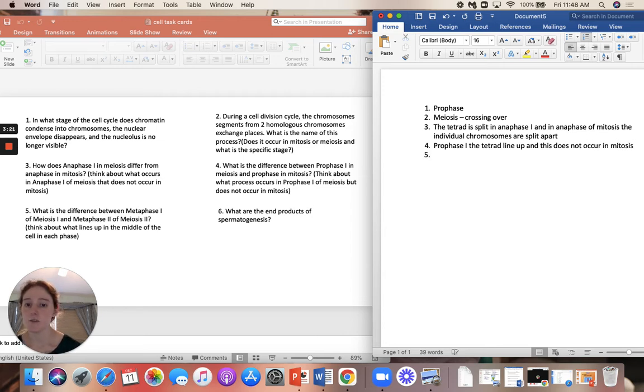What is the difference between metaphase 1 of meiosis and metaphase 2 of meiosis? Think about what lines up in the middle of each. So metaphase 1, the tetrad lines in the middle.